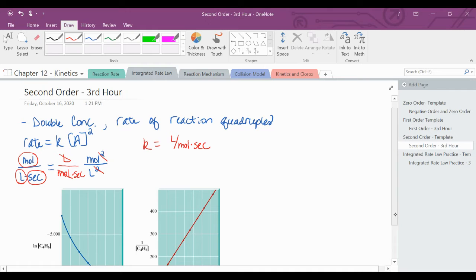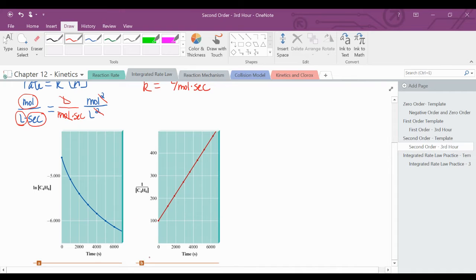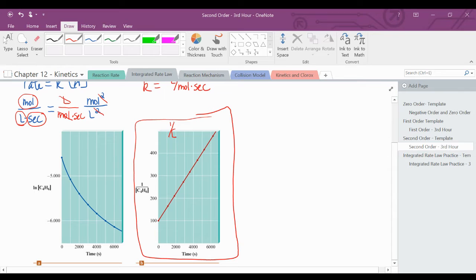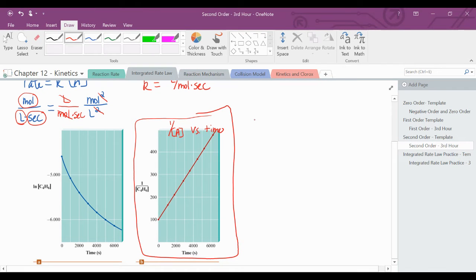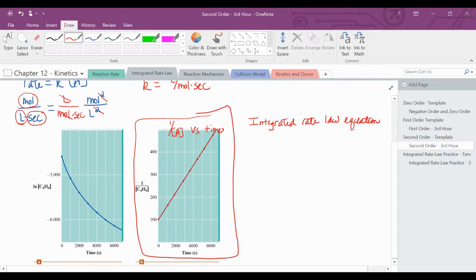Okay, let's look at the graph so we can derive our integrated rate law equation. The graph we're looking at is the one here on the right. For this, it's 1 over the concentration of A versus time, and time can be in minutes or seconds. So we're going to write our equation of the line.